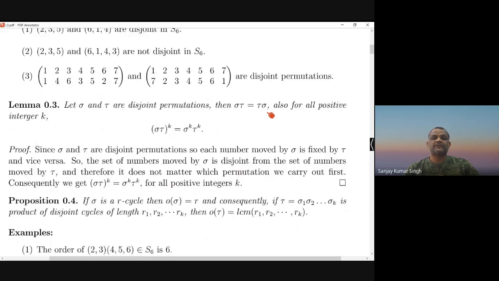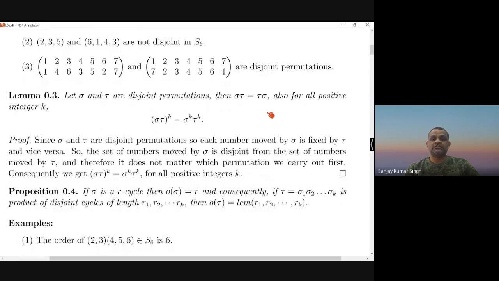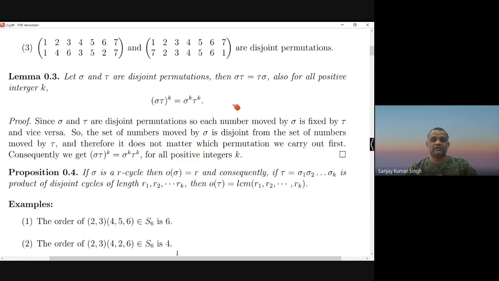And there are some nice properties of disjoint permutations. What is nice? Let sigma and tau be disjoint permutations, then they always commute. It means sigma times tau is the same as tau times sigma. And more generally, we have this result: (sigma tau) to the power k is the same as sigma to the power k times tau to the power k.